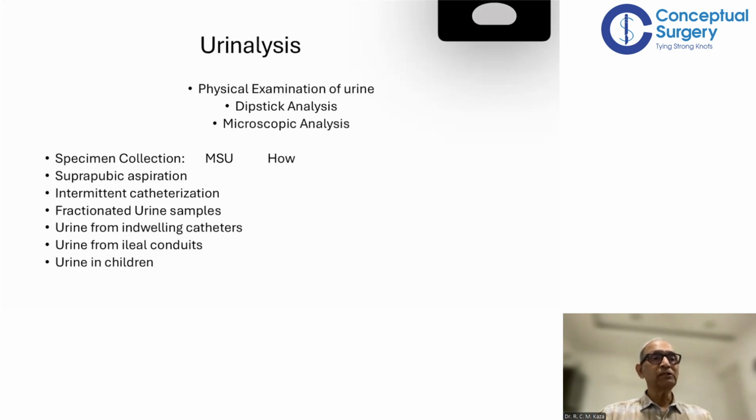The first part usually contains the urethral organisms, and the second part contains the bladder organisms. The third part will likely contain matter coming out from the prostate. For example, if you've done a prostatic massage, you will have to collect a third part of urine. But for most purposes, we tell the patient to give a midstream urine, the so-called clean catch specimen.